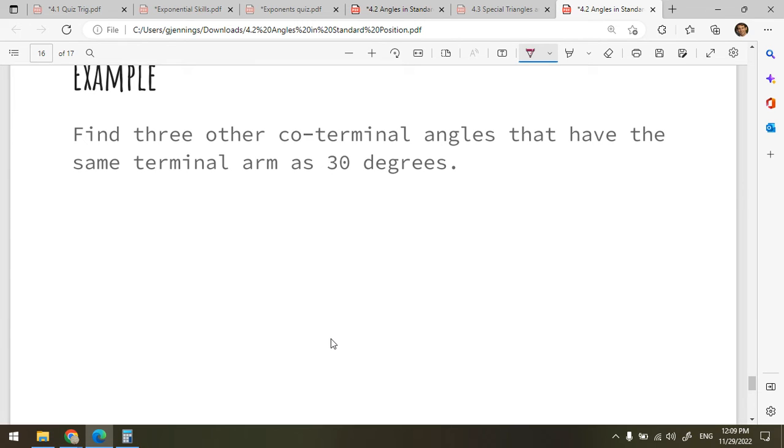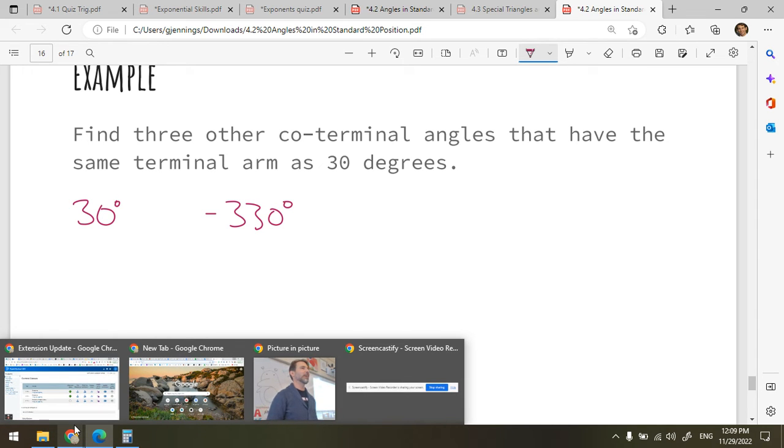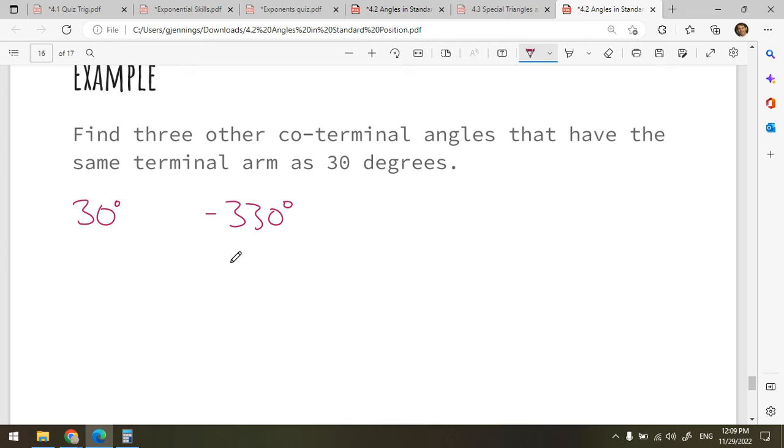Find me 3 more coterminal angles that are identical to 30 degrees. Tell me. So 30 degrees. I heard -3, 30 degrees. That's good. What if you would go from the y coordinate to do 90, and then some more answers that people have? 120. 120, no. 120 is different.